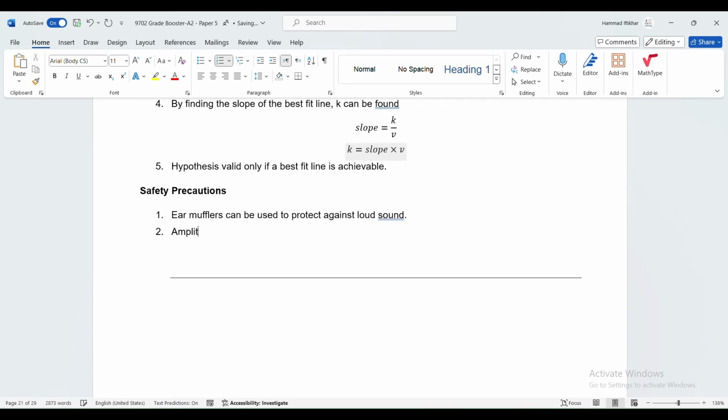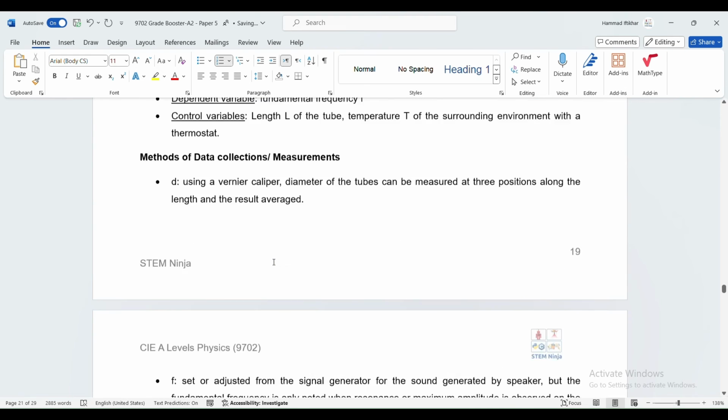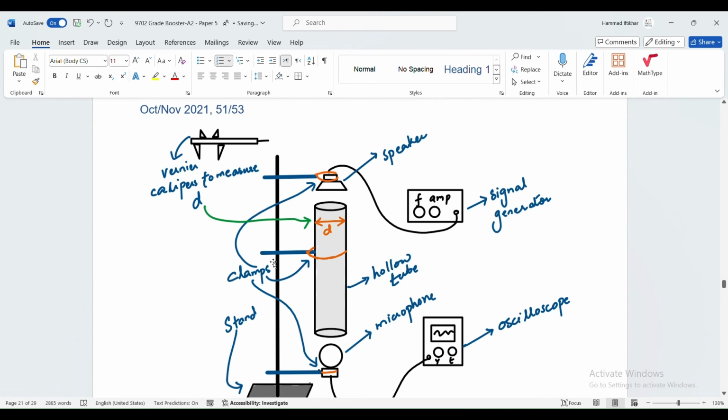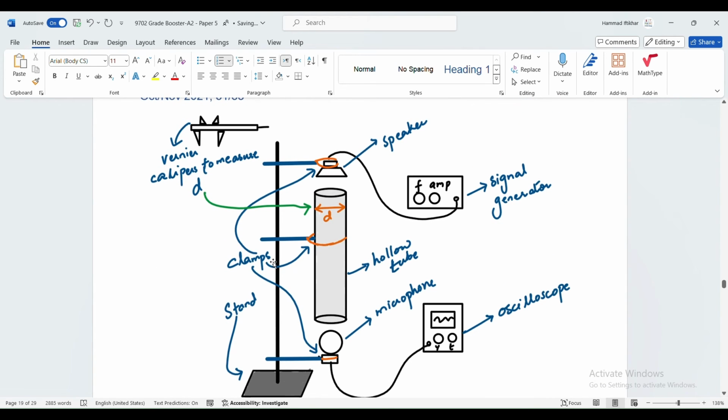Amplitude of the signal can be kept low enough to avoid loud sound. Okay, and that's about it. There's no other thing that comes to mind about this.